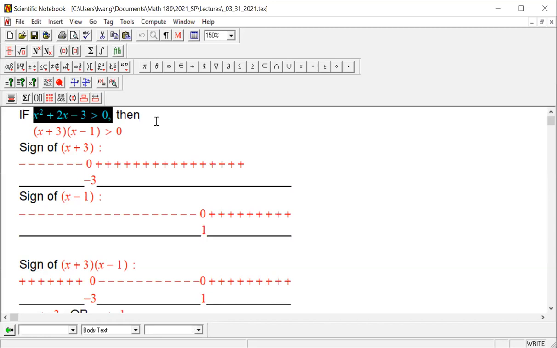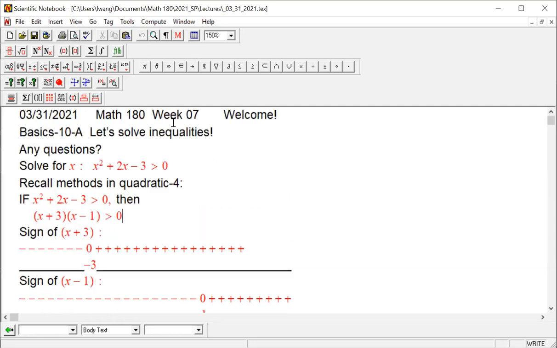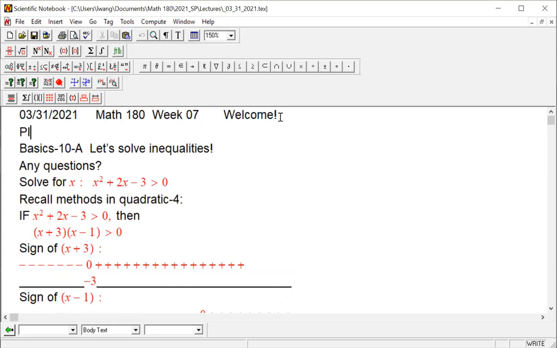So now, are you looking at the principles again? Please read the 6 principles again.